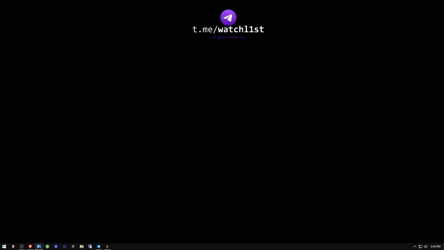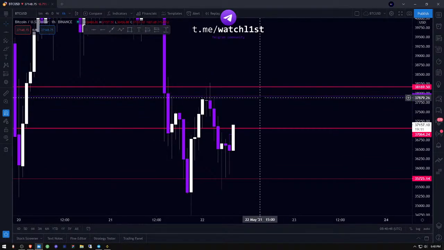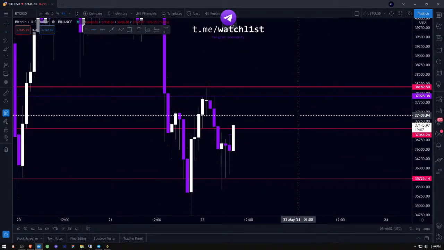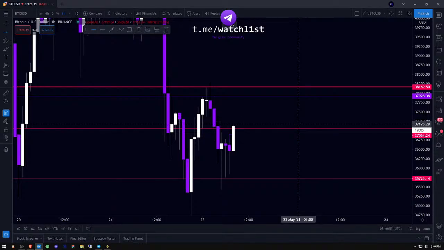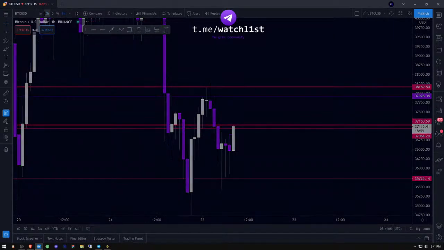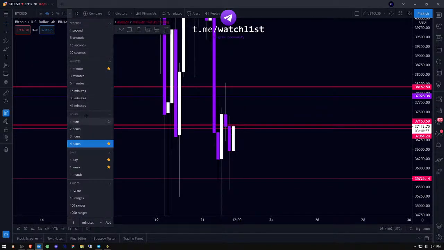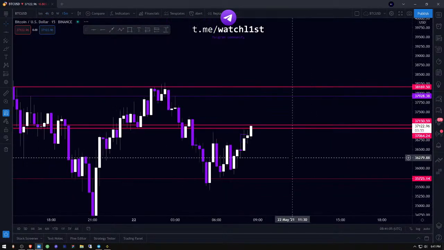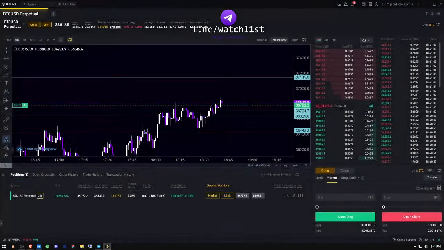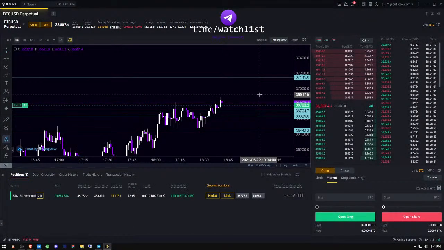37145. So if we go back to TradingView and have a look at that 37145. Oh geez, it's like right there. Where's 15 minutes? Oh wow. You can take it once and never have to take it again. 37145.